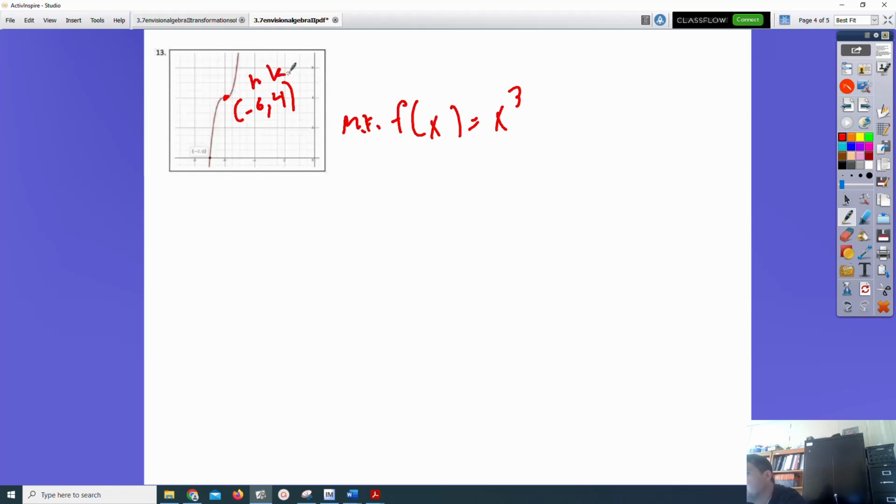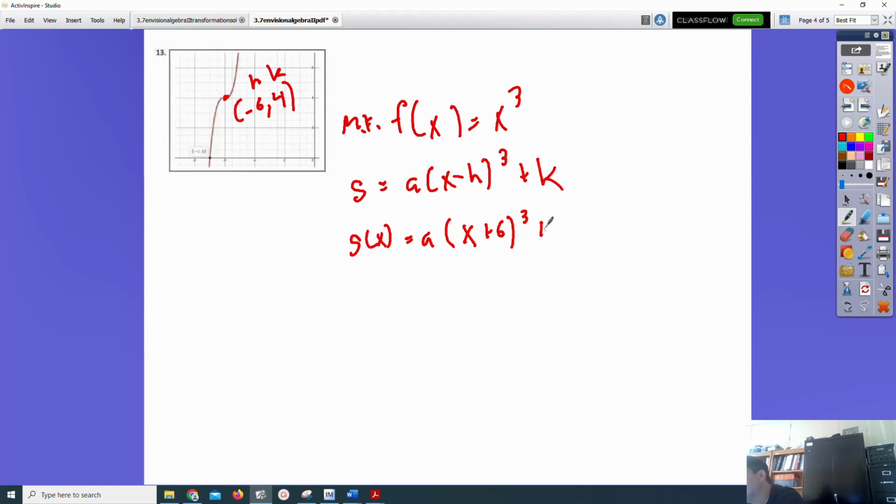So our general transformation function here would be, we'll just call it g. It's a times x minus h quantity cubed plus k. I just plug stuff into it. I don't know what a is yet, and I don't know what a is until I actually do a little math, but I'm going to plug in h and k. If I take away a -6, I'm +6, and then +4.